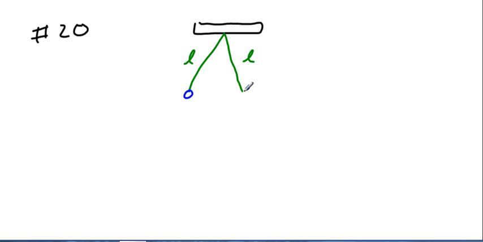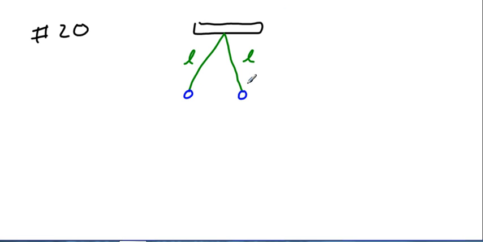Okay, we're doing number 20, and we have two small charged spheres hanging on cords of equal length L. And so I got some overhang, and I have L going that way, L going that way, and I have some spheres sitting here on the bottom.